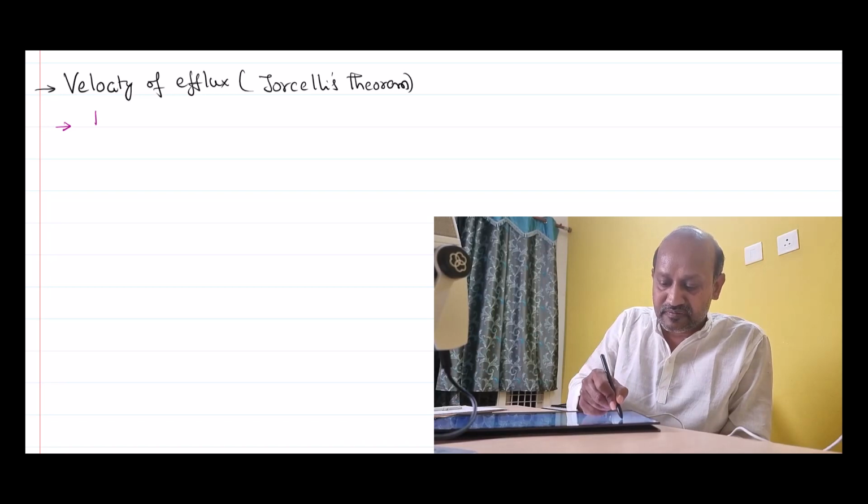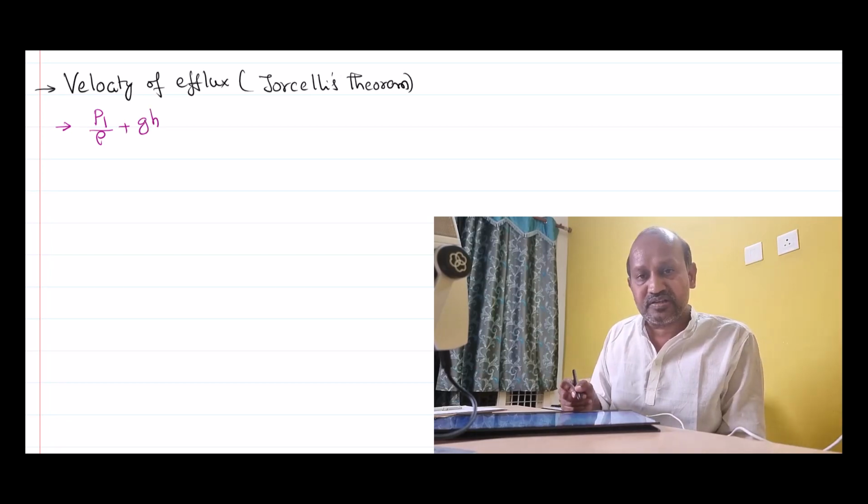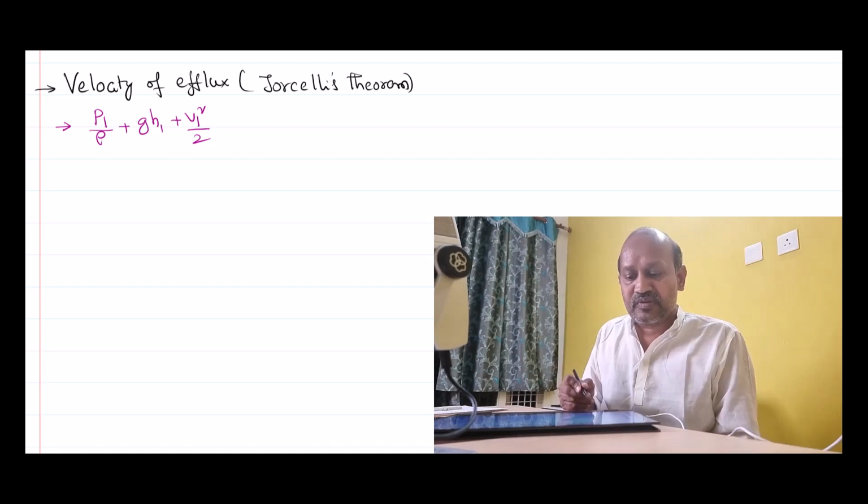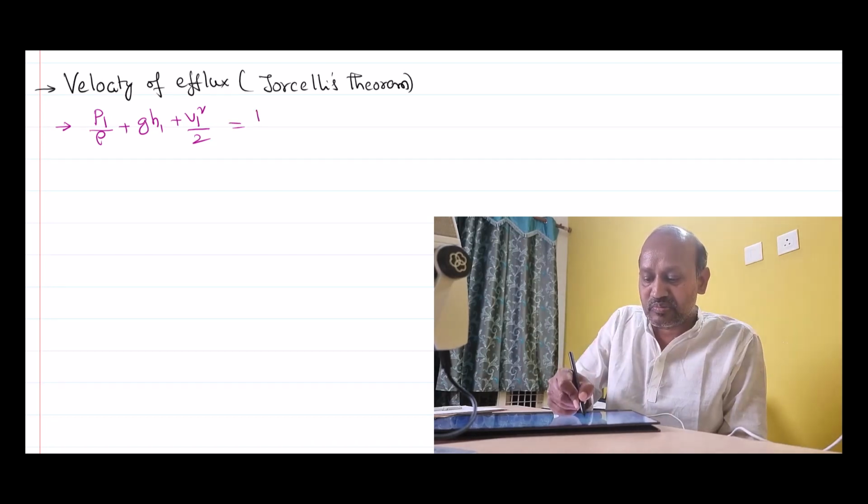sum of pressure energy, that is P by rho, potential energy, that is gh, and kinetic energy, v1 square by 2, or v square by 2, is constant between 2 points of a fluid, that is P2 by rho, gh2 and v2 square by 2.